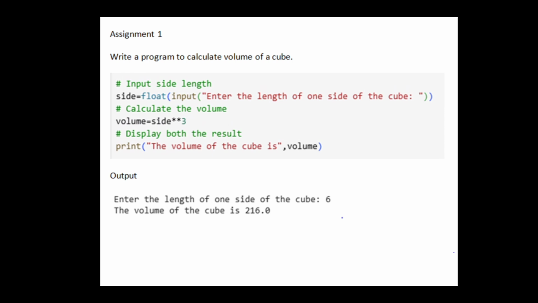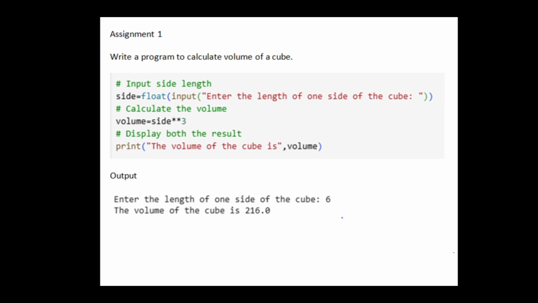When we ask the user to enter the length of one side of the cube, the input function gets the number as a string and float converts it to a decimal number. Then we store this number in a variable called side.